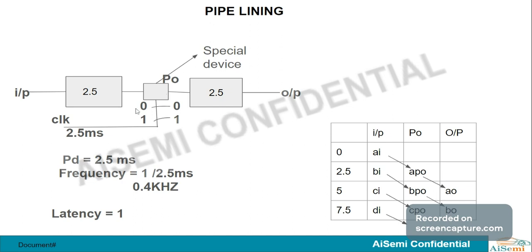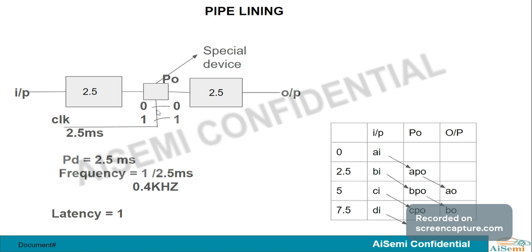Here I'm taking one example. I'm giving the input voltage as A. After 2.5 milliseconds, the process comes to this side as A P0. After 2.5 milliseconds is applied to the special device, the gate will open at exactly 2.5 milliseconds.